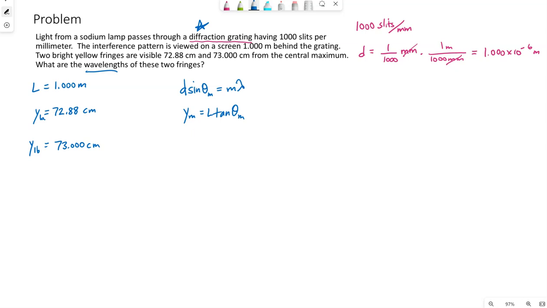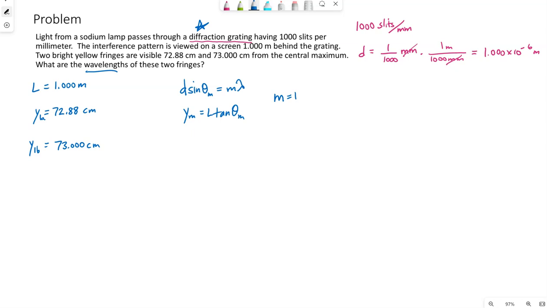It's not telling us specifically that these are m equals 1. I'm going to assume that at first, but I will also need to double check the wavelength answer I get and make sure it makes sense.